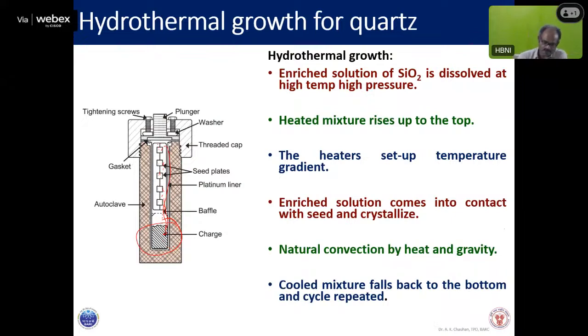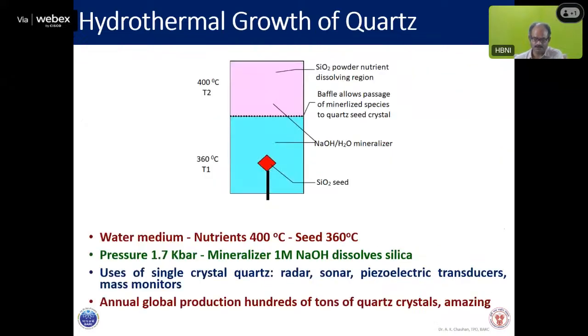So then again it will get heated and take more silicon oxide, and the cycle keeps on repeating until the crystal growth takes place.